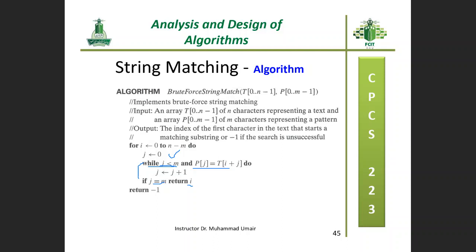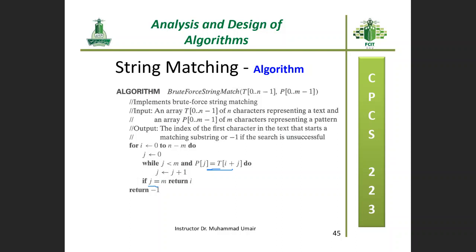And if you are exiting from the while loop due to this other condition, it means there is a mismatch. If there is a mismatch, this condition will be false, and in that case you will not stop. We cannot decide that it is not found.